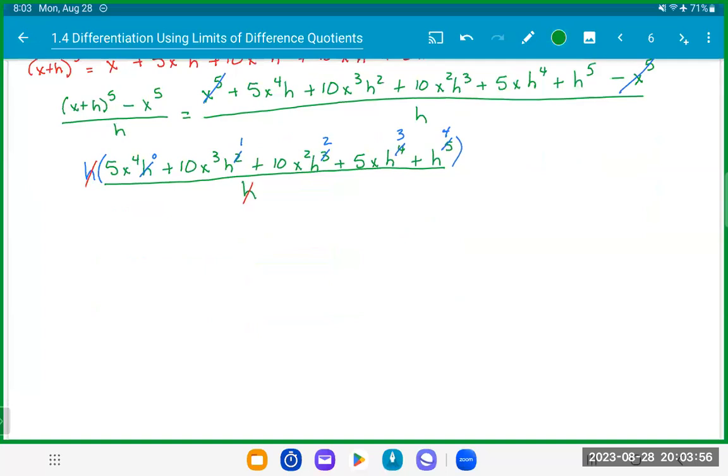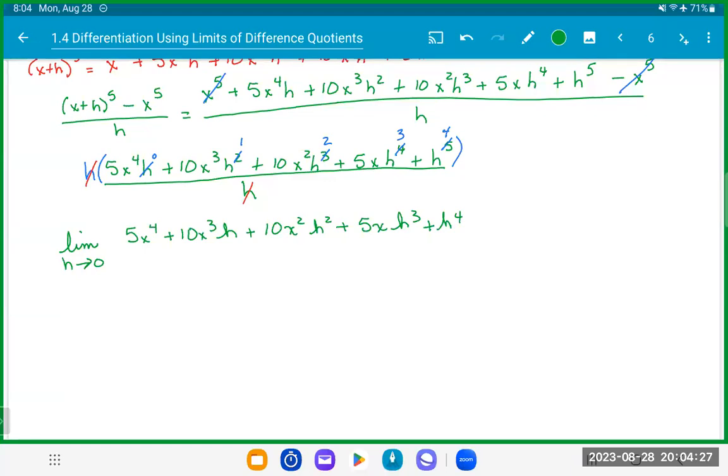Okay? So that's going to leave me with my limit as h approaches 0 of 5x to the 4 plus 10x cubed h plus 10x squared h squared plus 5x h cubed plus h to the 4. Okay?